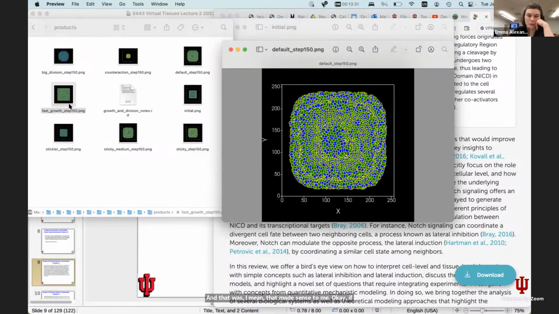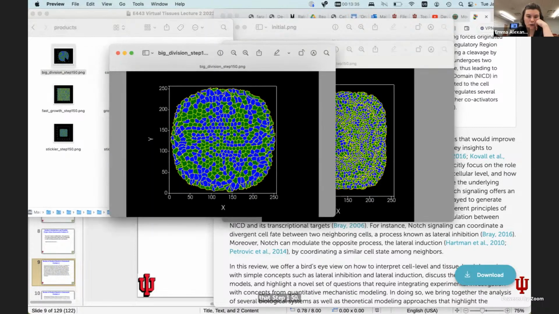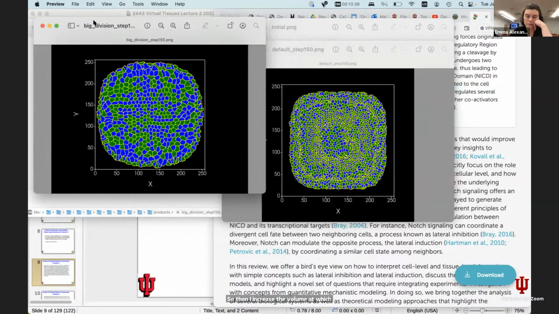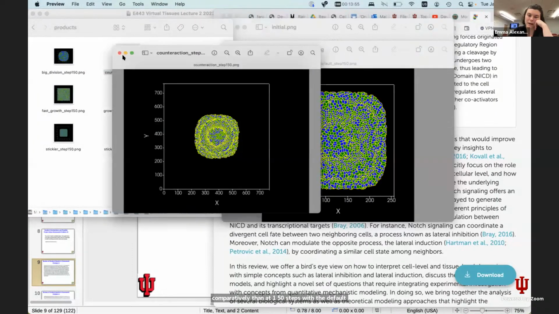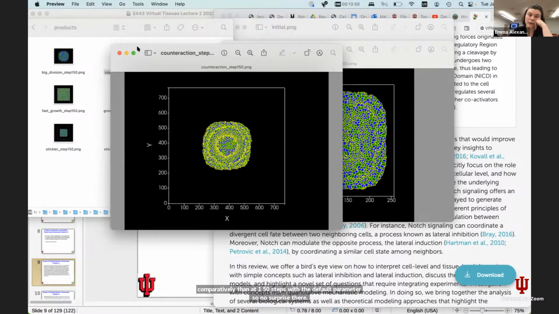At step 150. So then I increased the volume they had to reach to divide from 50 to 150. And they are all bigger, and there was less growth comparatively than at 150 steps with the default parameters. So no surprise there. And then the last thing I tried was I wanted to see if I could make an increase in the division volume balanced with an increase in the growth rate.